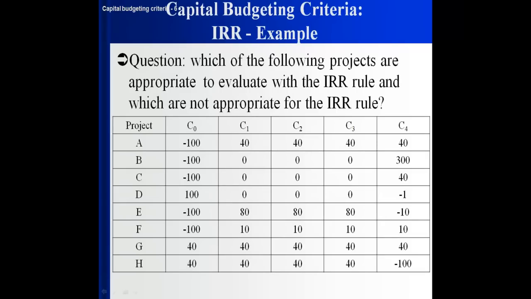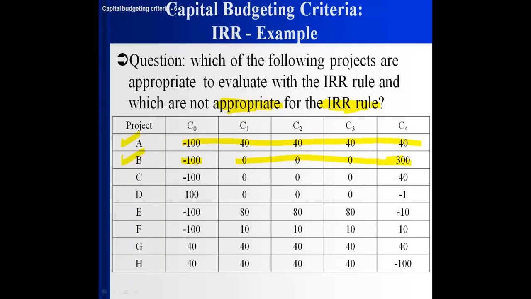So let's look at a couple of cases. This is about not whether it's a good project or not, but whether it's appropriate to make that evaluation based on IRR and the IRR rule. A is looking good, negative and then a bunch of positives, classic conventional. How about B? Negative, zeros and 1 positive, looking good.